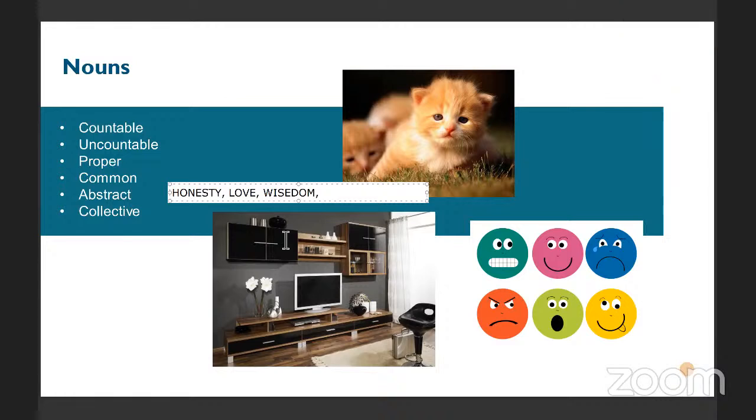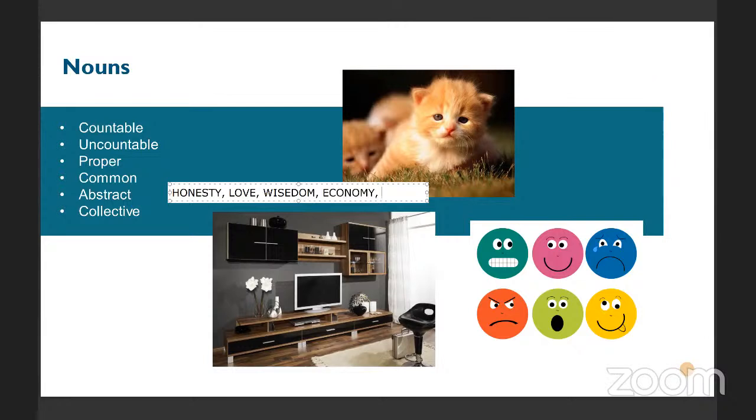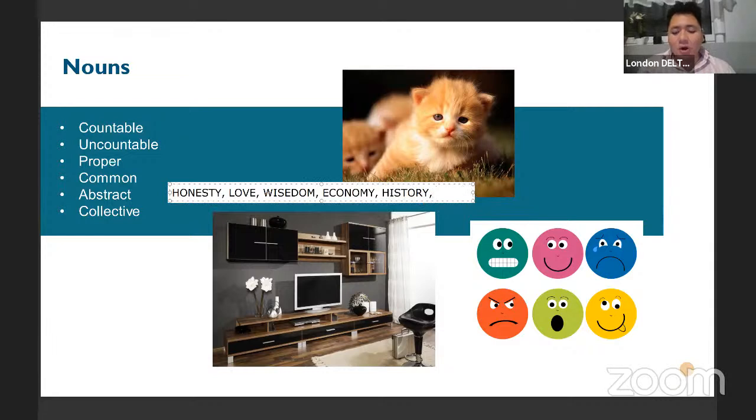Economy, history. These are abstract nouns too, because they don't exist like objects, like things you can touch, but they're definitions.